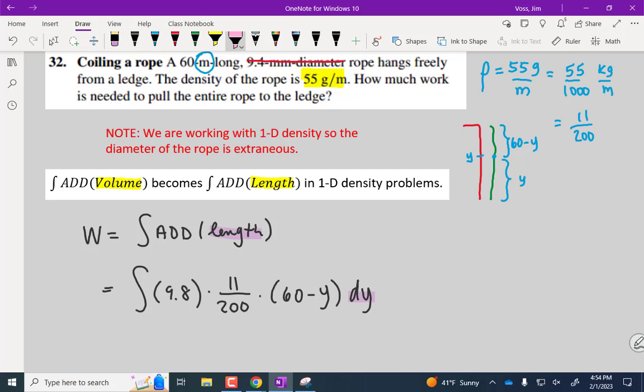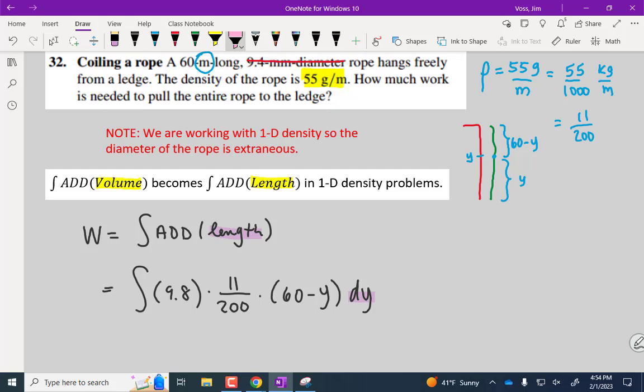Now, let's talk again about the work thing where we said there was some symmetry with the cylindrical tank. There's also symmetry here, right? The rope is symmetric, and the same amount of work will be done dropping the rope, but the work would be done by gravity. So if you drop the rope, work done will be the same. And if you did drop the rope, what would the distance be that the element of rope at height y travels?